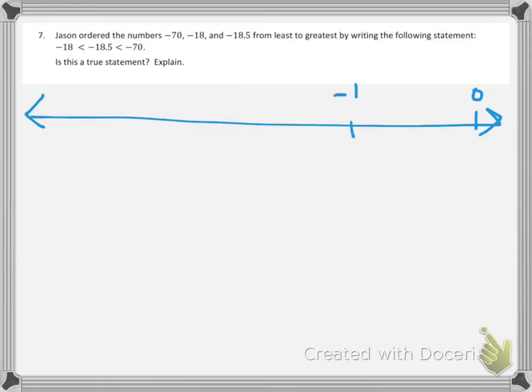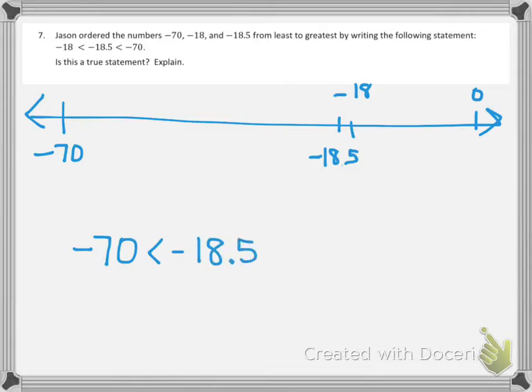Maybe in here. A negative 18.5 would be next, and then the negative 70 would be all the way down here. So really, my smallest number is a negative 70. So I should say negative 70 is less than negative 18.5, which is less than negative 18.